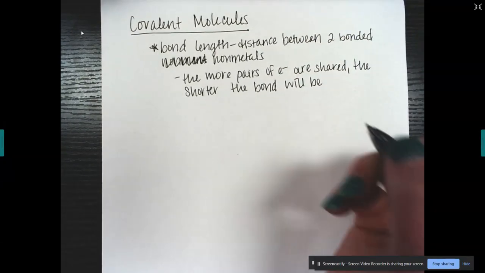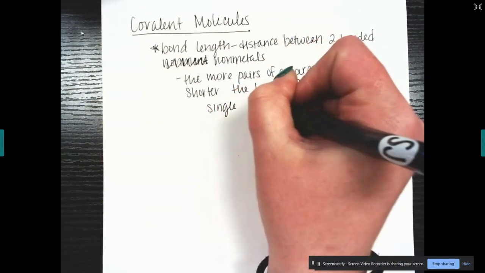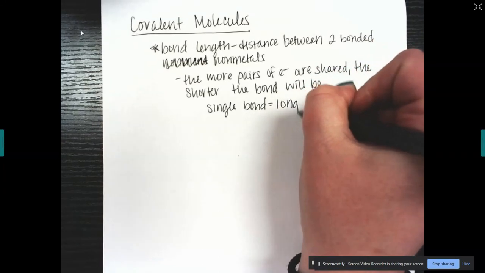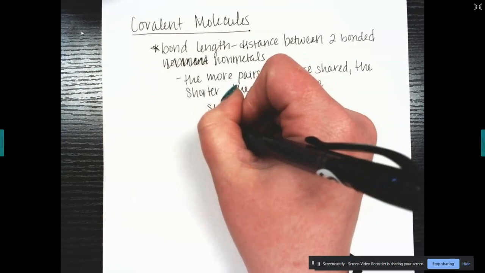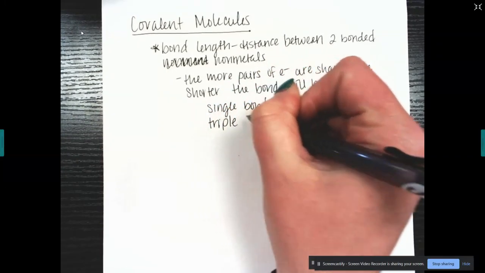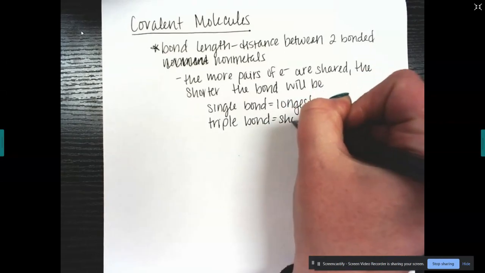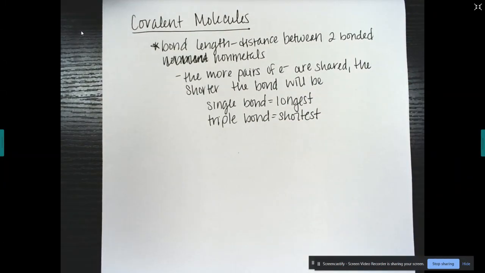So what that means is that the single bond will be the longest. And the triple bond will be the shortest. And then double will be between the two. Okay, so the more pairs of shared electrons in the bond, the shorter it's going to be.